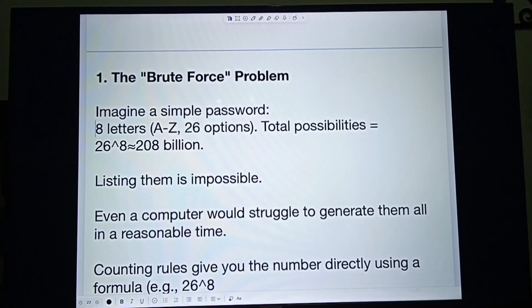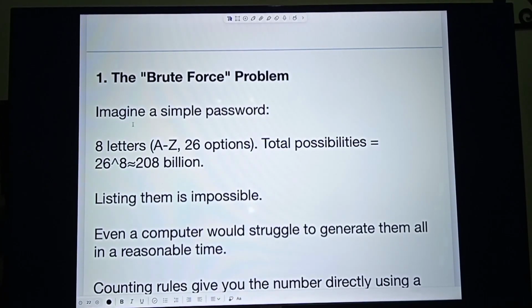Suppose we have to imagine a password of 8 letters, and the letters are from A to Z. So from A to Z we have 26 letters, that is 26 options, and we are going to make a password of 8 letters from these 26 options.